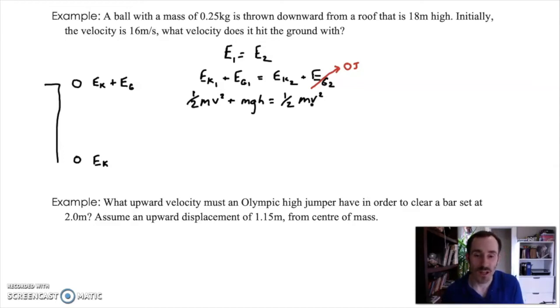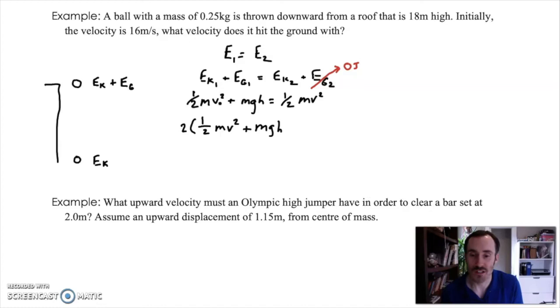So when we get this v squared by itself, we're going to need to divide by a half, and we're going to need to divide by mass. When we divide by a half, that's the same thing as multiplying by 2. So now we end up with 2 times half mv squared plus mgh.